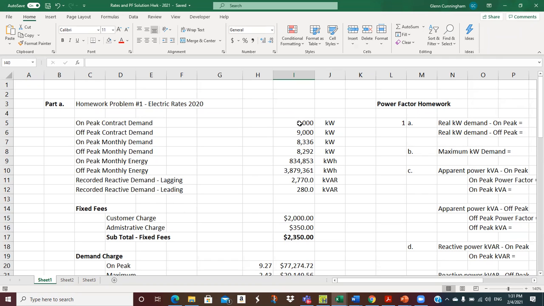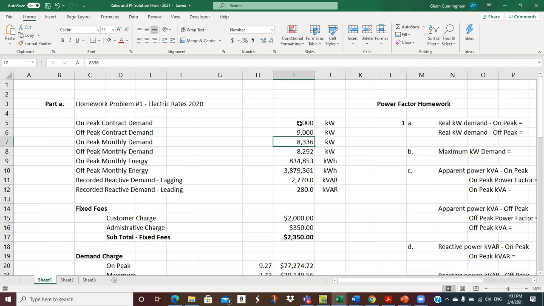But anyway, first problem. I think I'm just parroting back, hopefully correctly, the information that was given on the homework. So, we had 9,000 kW on the on-peak and off-peak contract demands.